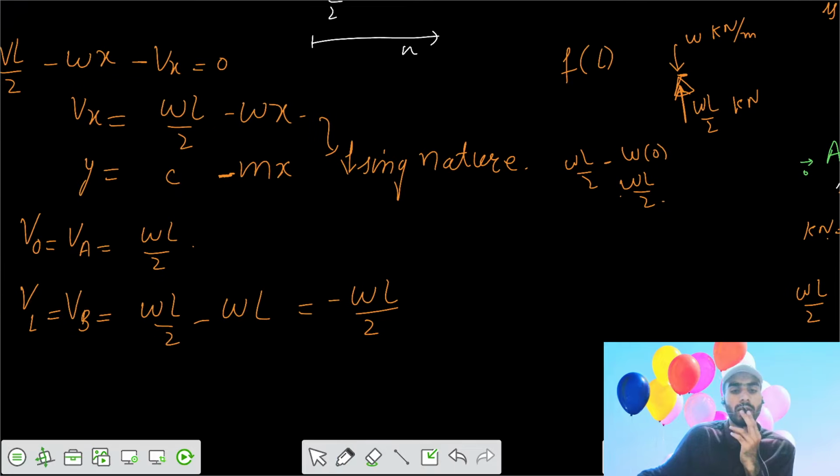Now we want to plot the shear force diagram. Let's say this is your reference line, and the shear force here at A equals positive WL by 2, and the shear force at the end is minus WL by 2.